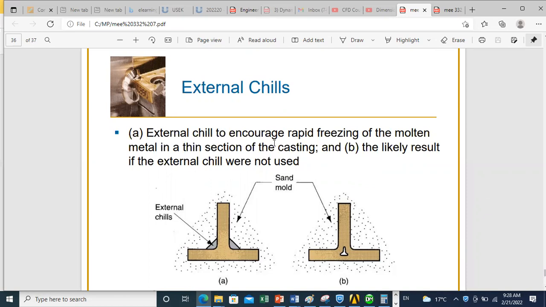So here, for example, if you want to have this shape and you don't do any intervention, as I told you, you have the outer part, this limiting part here, that can exchange with the outer environment, or with the mold material. So here you have a possibility of loss of heat to the outer environment.